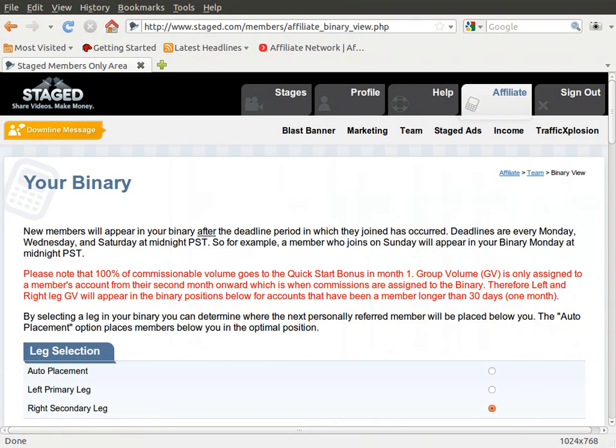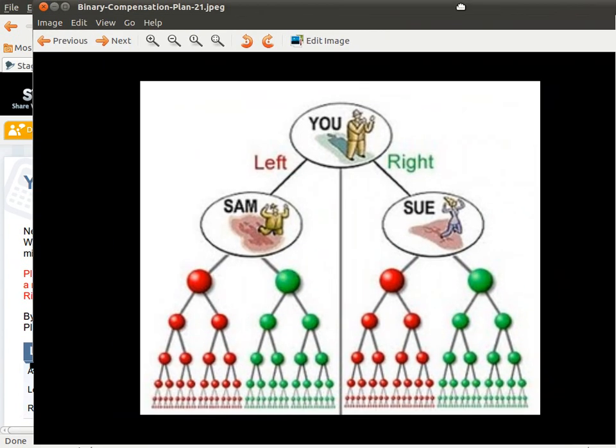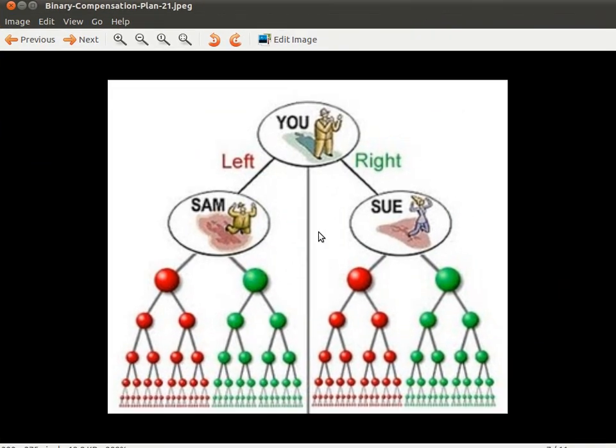If we take a look at a more expanded view of a binary compensation plan, here's the first person you brought in, Sam. The second person you brought in, Sue. Sue has a left leg and a right leg. This person has a left leg and a right leg. Likewise, every single position that comes in has a left leg and a right leg.